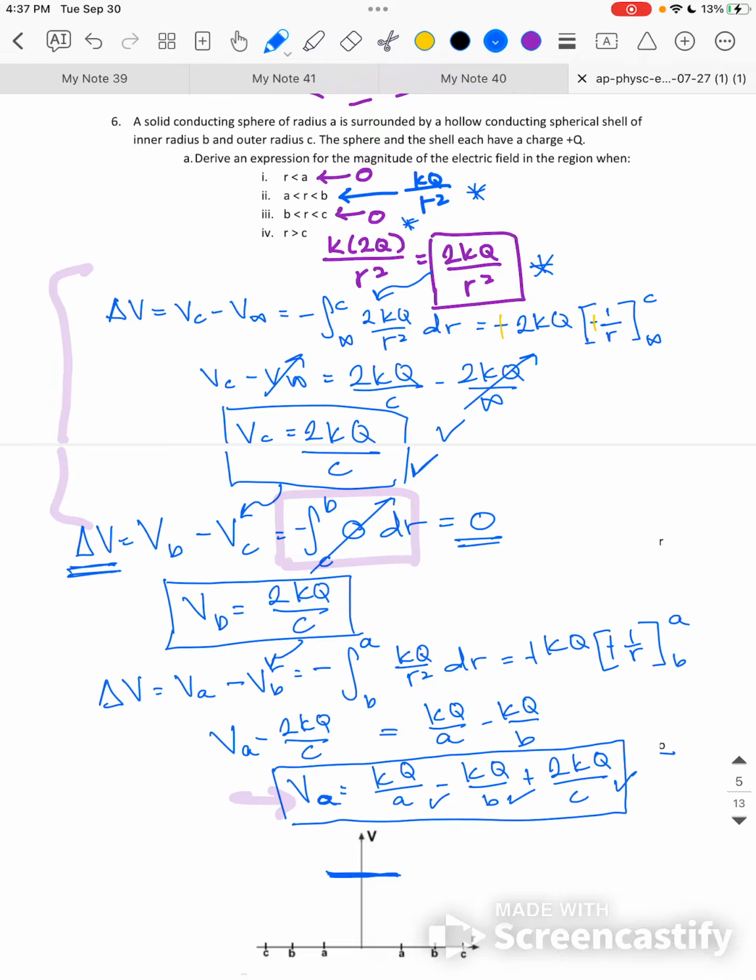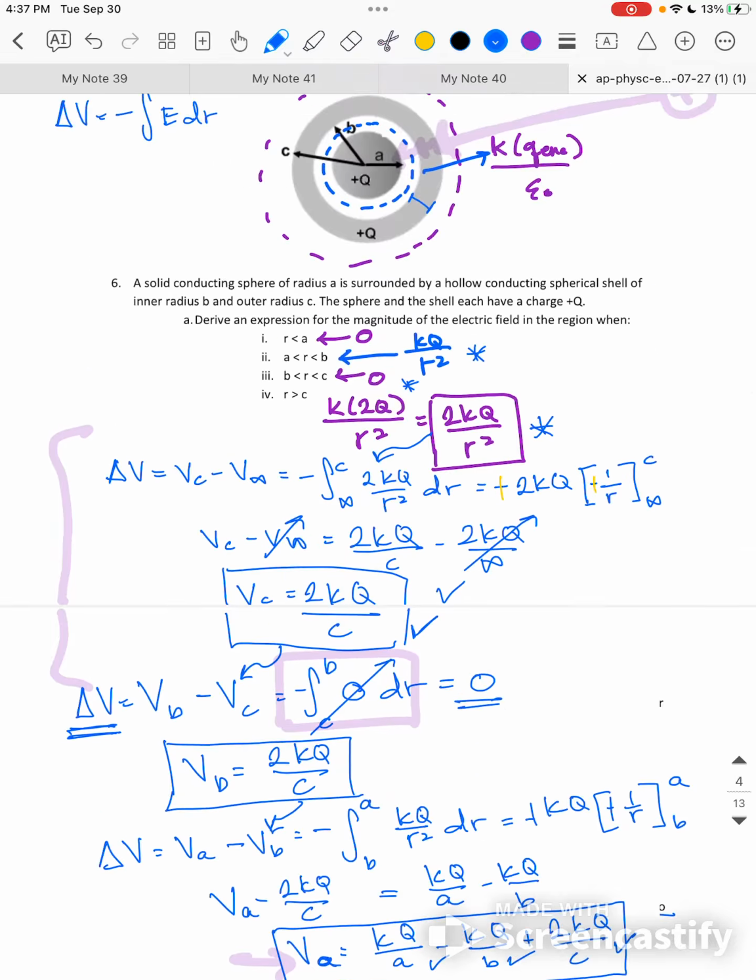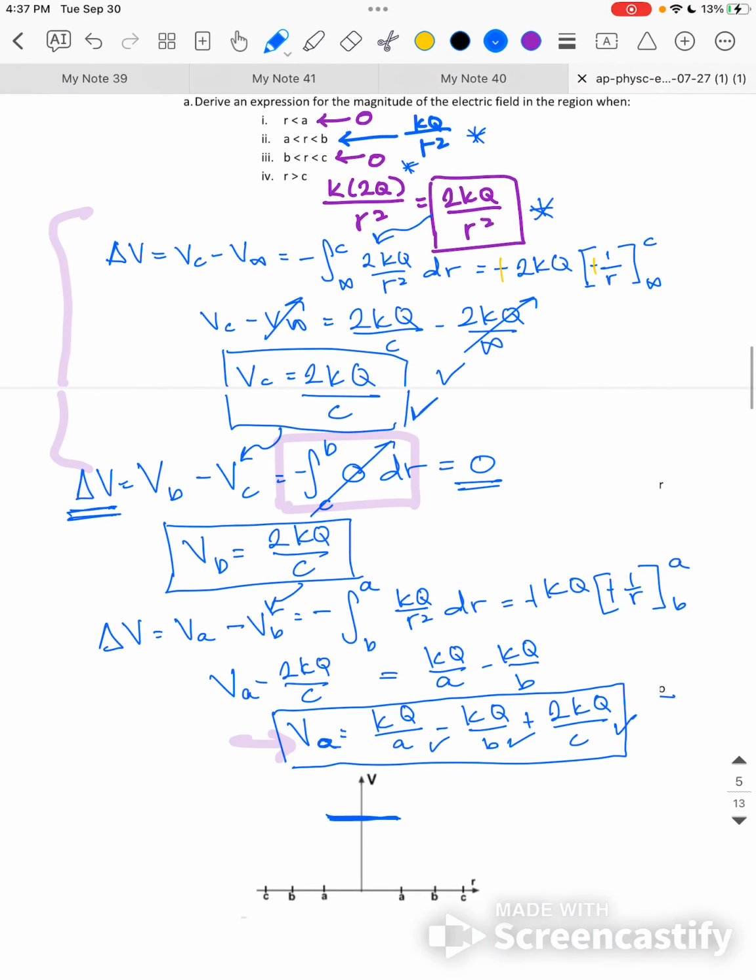What I do know is that in the space between A and B, we've got a change in potential. And the change in potential between those 2 points is going to decrease by an inverse proportion. And then again, I have a constant because we're now in the conductor again, and that's the constant of 2kQ over C. And if you compare 2kQ over C, you can see right here that it's part of this expression and that VA has to have a larger potential.